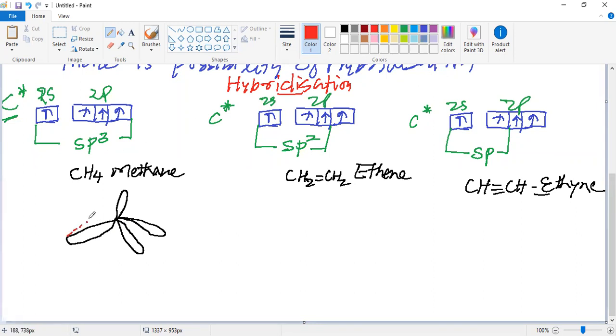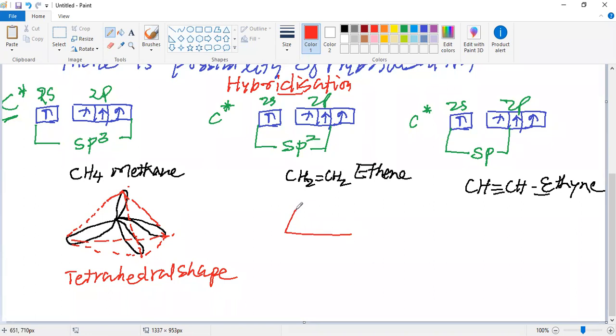Let us understand the tetrahedral shape, my dear students. This is where we truly understand the tetrahedral shape. So here you can see that we have a tetrahedral shape. Here, my dear students, what happens? There is a plane of this carbon.